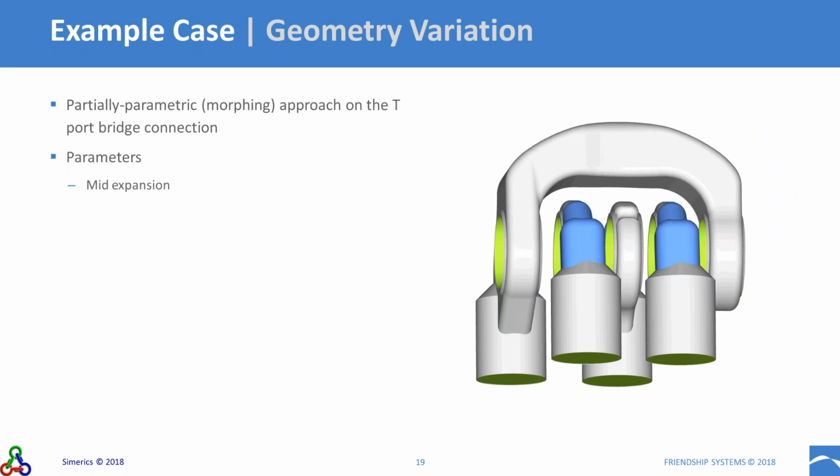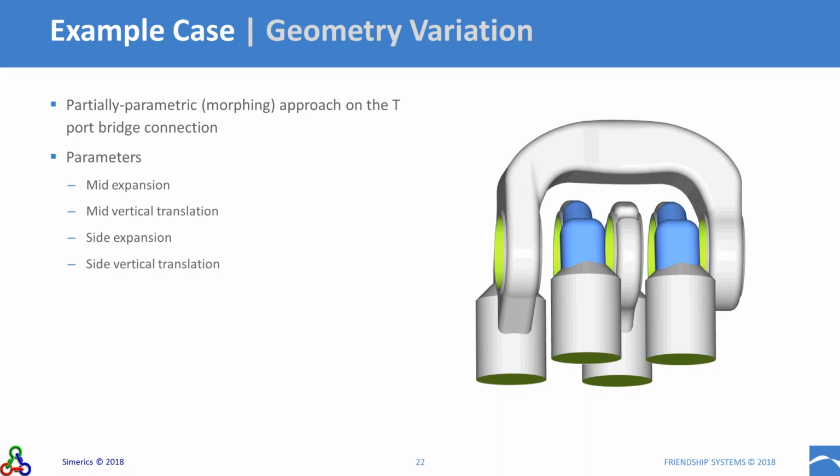We applied a so-called morphing box to this geometry. Here we have different parameters: the expansion in the middle of this bridge, the vertical translation in the middle of the bridge, expansion on the two sides, and also a vertical translation on the two sides.